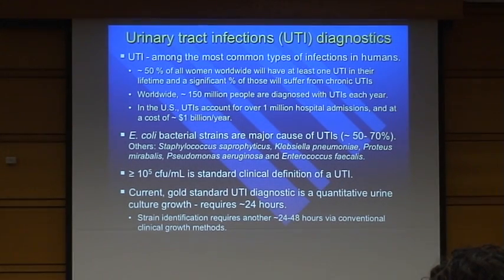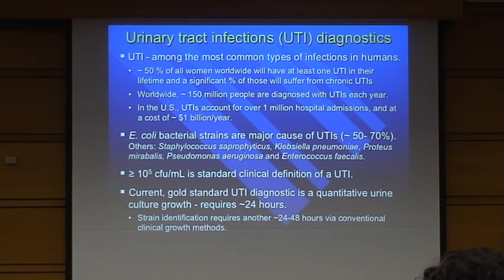So let me give you an example of how this might work for a rapid antibiotic-specific bacterial diagnostics. And the example I have in mind is urinary tract infections. These are amongst the most common type of infections on the planet. More than half of women on the planet will have a UTI, and a significant percentage, something like 20% of those people, will have chronic infections.